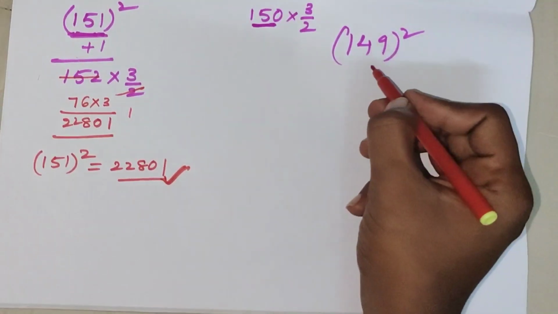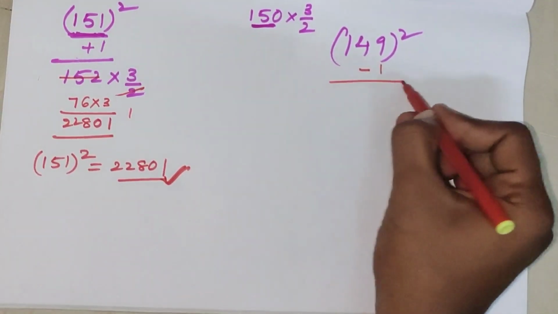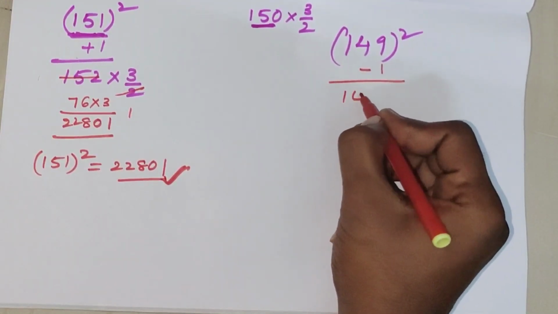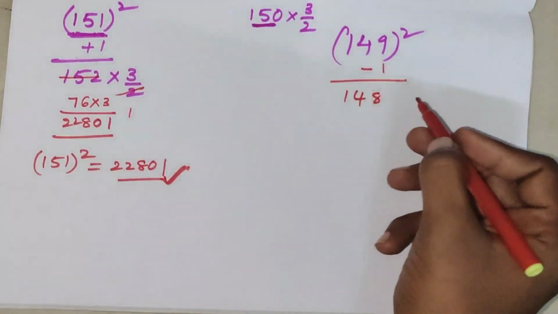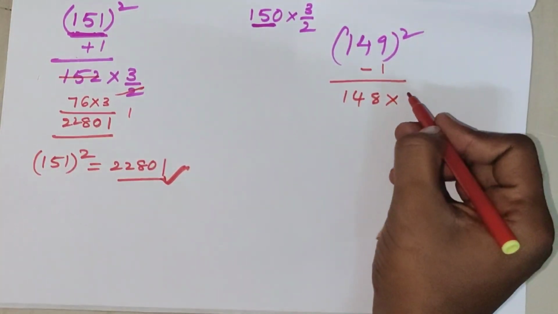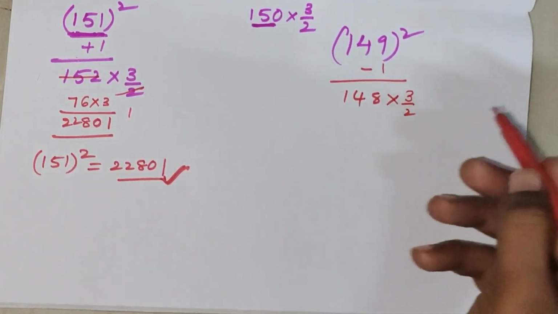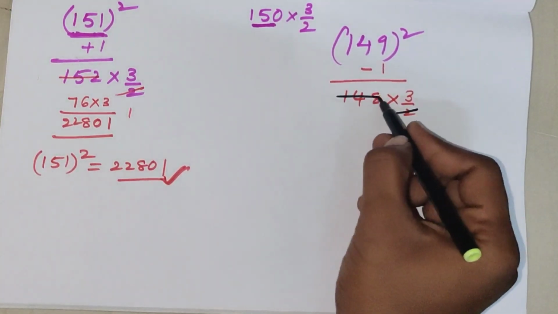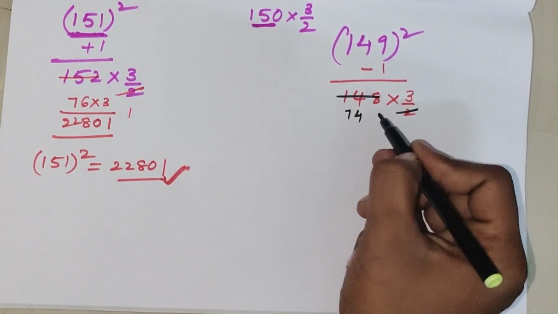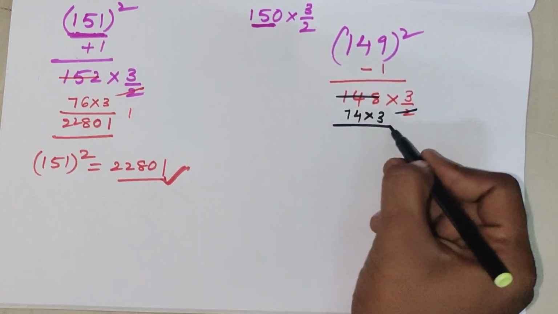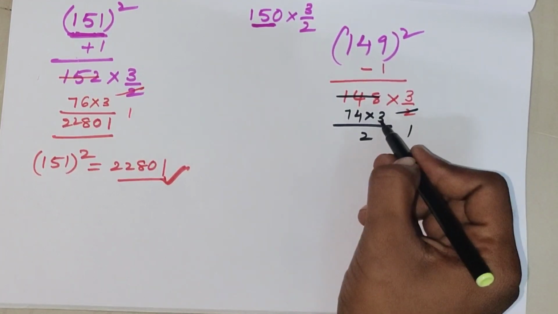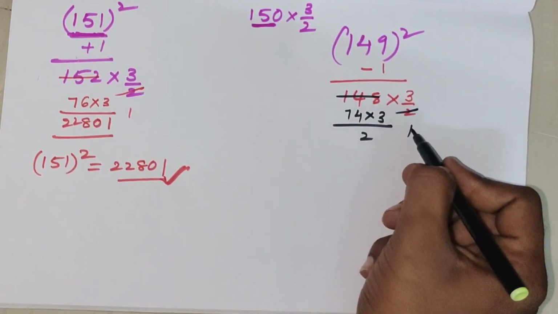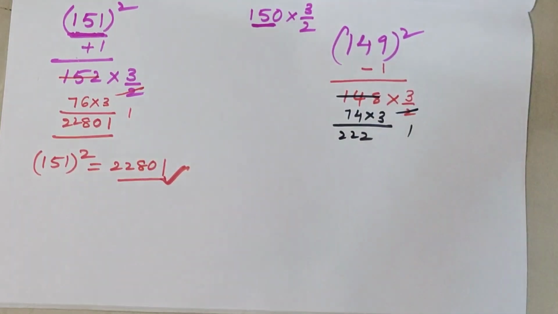For this, we should go with subtraction. Subtract now, how much will we get? 148. We need to do multiplication with 3 by 2 and go for the calculation. 2 table here, 12 cancel, 7 times and 4 times. Multiply with 3. 3 4s are 12, 1 carry forward. 3 7s are 21, 21 plus 1, 22. 3 by 2 we got.